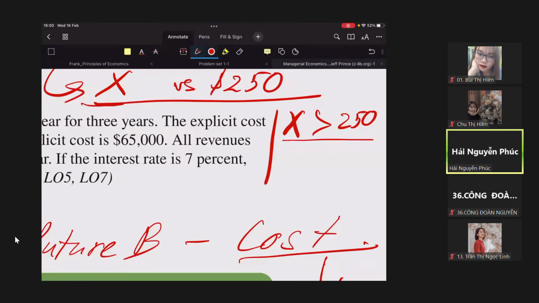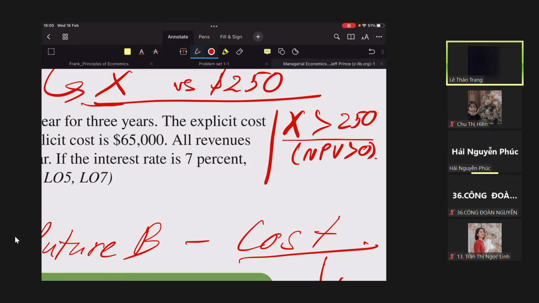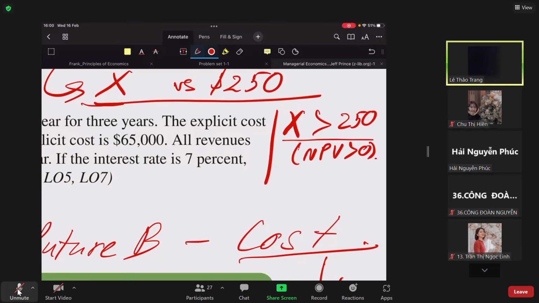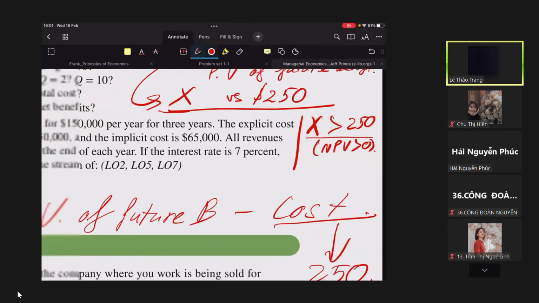If the present value of future benefit is greater than the initial investment, it actually means that the NPV, the net present value, is greater than 0. Which one would you buy? The energy efficient model or the standard model? Energy efficient.